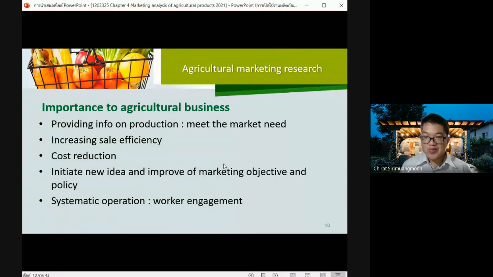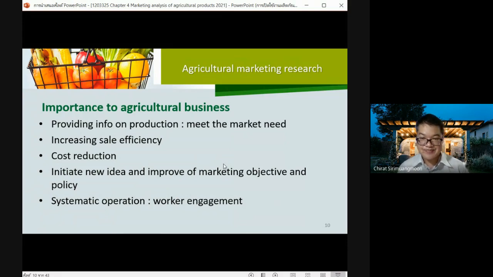If you study and have the answer from the research, which is that the trend of organic is going to increase, but the consumer also concerns about the price, you might do some study to balance between the perception and also the cost.